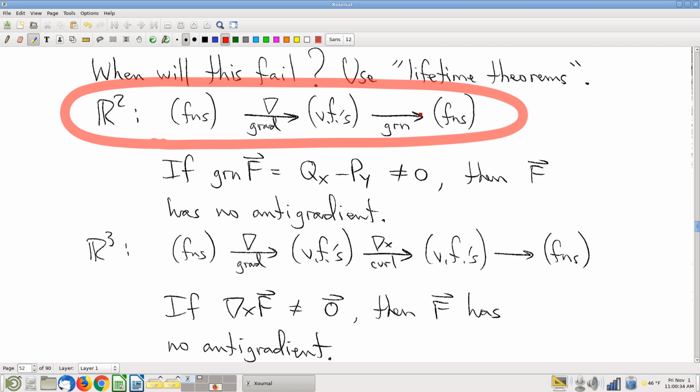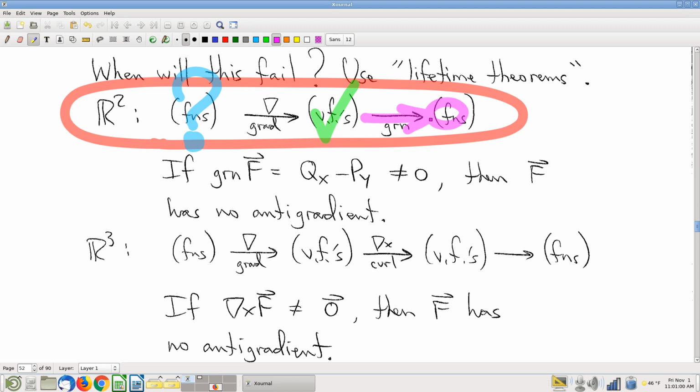And the fact that in this context everything has a lifetime of 2 gives you an immediate kind of nice thing. Let's ask this question. Suppose I've got a vector field, right? And I would like to know, is there an antigradient? Right? Well, here's the thing. If there's an antigradient, I would need this to die there. Right? I mean, everything's got a lifetime of 2.